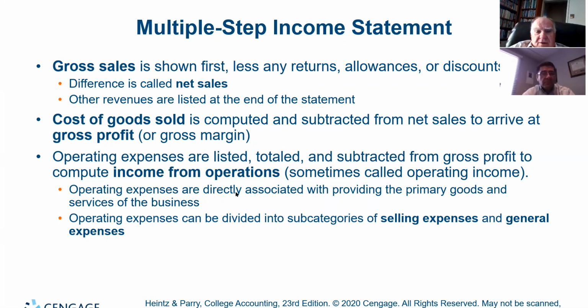Operating expenses are directly associated with providing primary goods and services, as opposed to interest income or interest expense, something like that. Operating expenses can be divided into the categories of selling and general expenses. I'd rather that said selling and G&A, general and administrative.